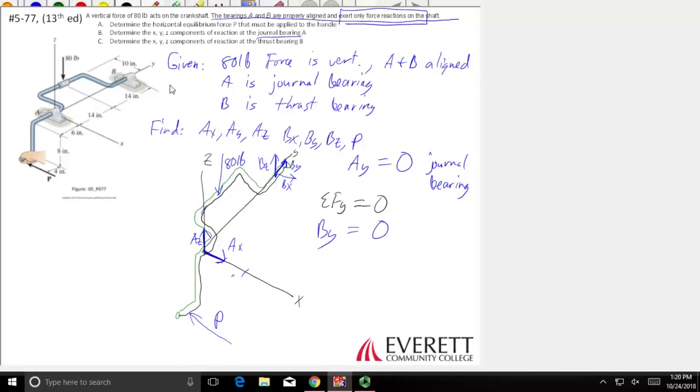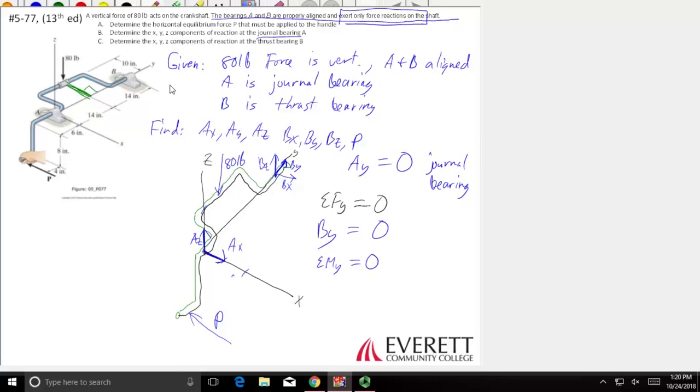So we do sum of the moments about the y-axis equal to 0. Now for the moments about the y-axis, of course, Ax, Az, Bx, Bz, and By all create 0 moment because those are all on the y-axis. The 80-pound force is going to create a moment. I need the perpendicular distance from the y-axis to that force, and that shows us 10 inches.